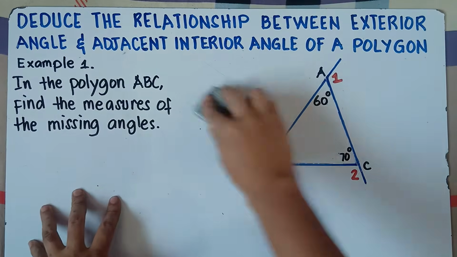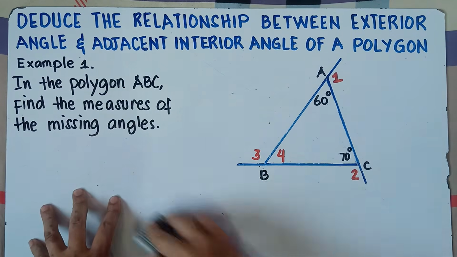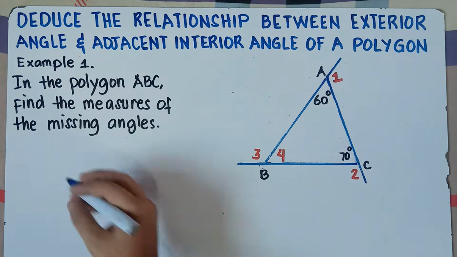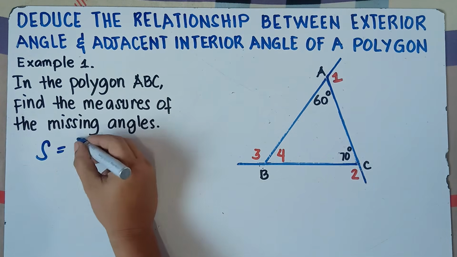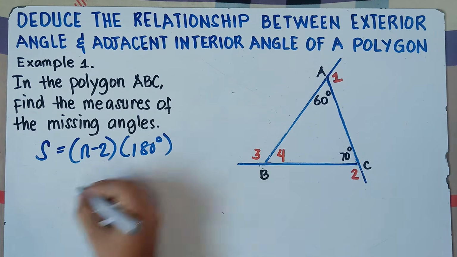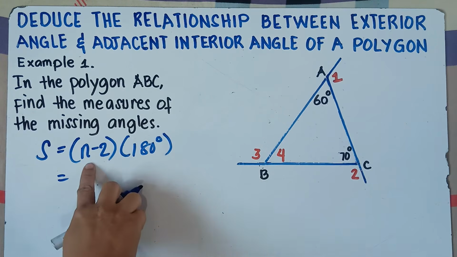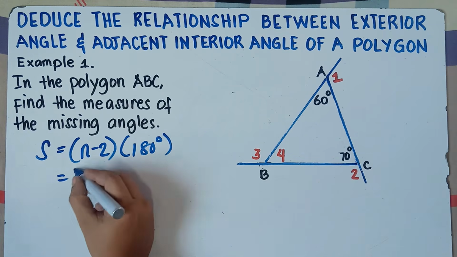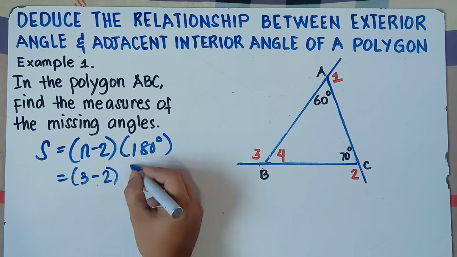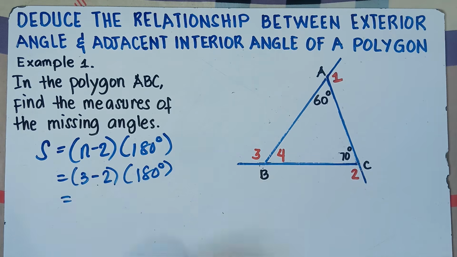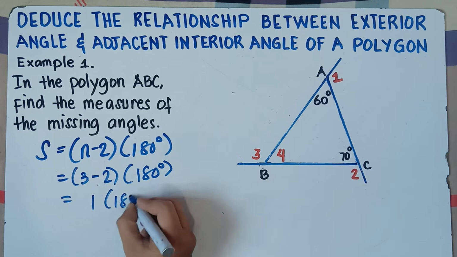So let's have the formula for finding the sum of the interior angles. The sum equals quantity n minus 2 times 180 degrees, where n represents the number of sides. Now in a triangle, we have 3 sides: 1, 2, 3. So 3 minus 2 times 180 degrees. 3 minus 2 is 1, times 180 degrees.